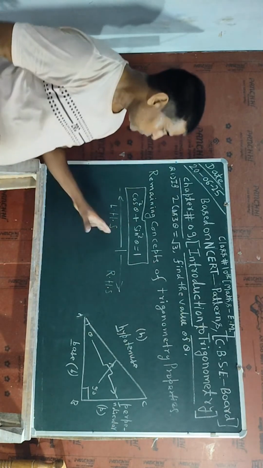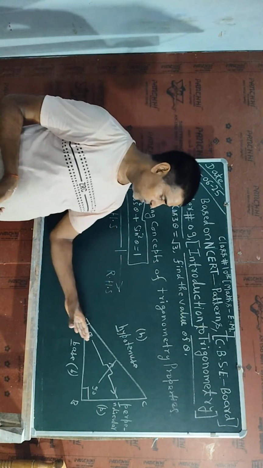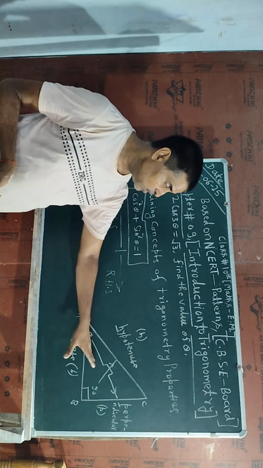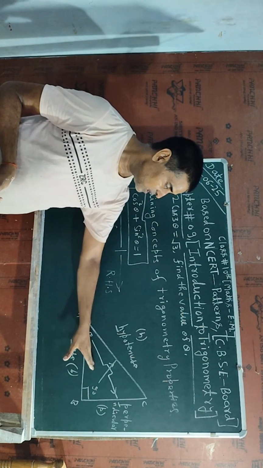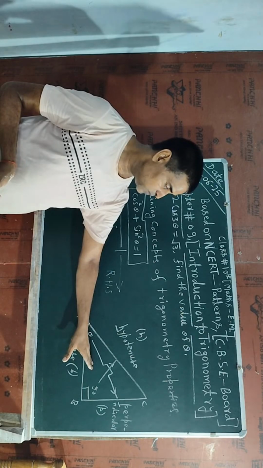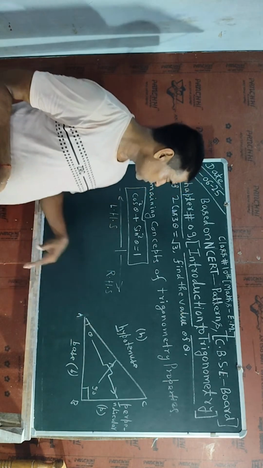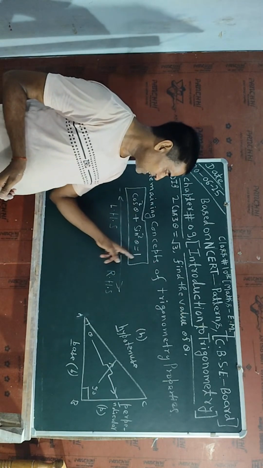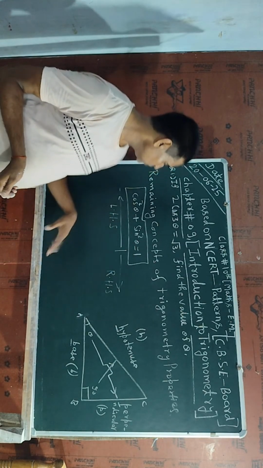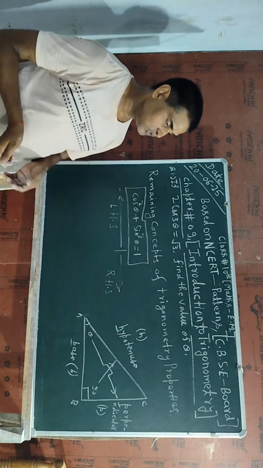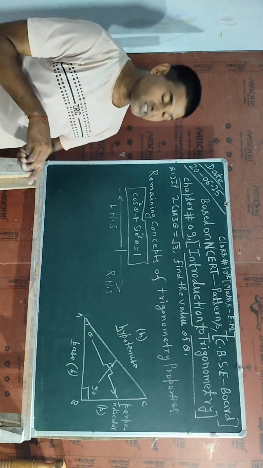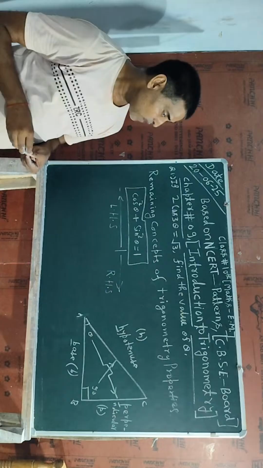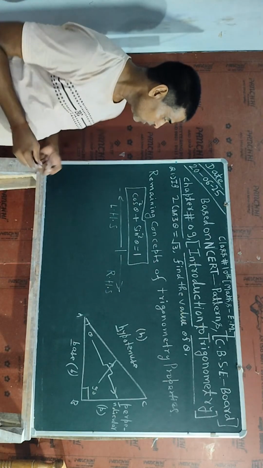So first I will give you the method of how to prove it with a right angle triangle by using Pythagoras theorem, and then in another solution I will take one and with the help of one I will show you cos square theta plus sin square theta. Okay students, so you concentrate on this live video for updating your knowledge.